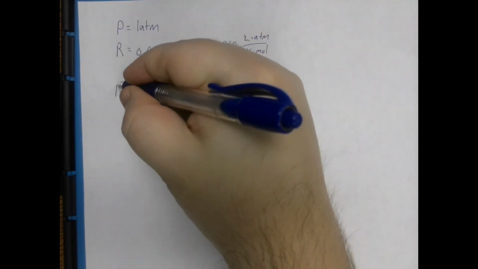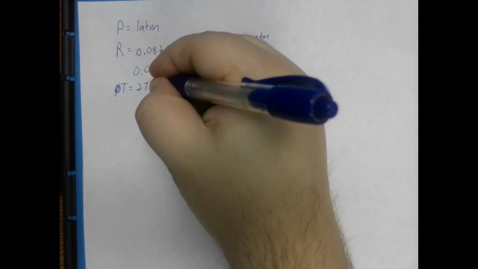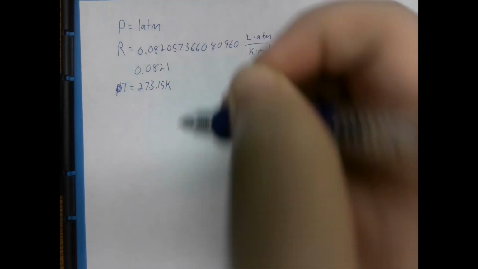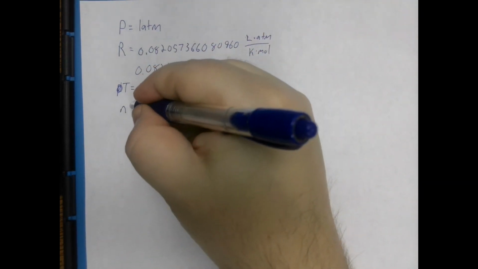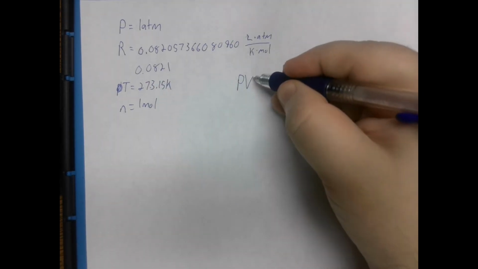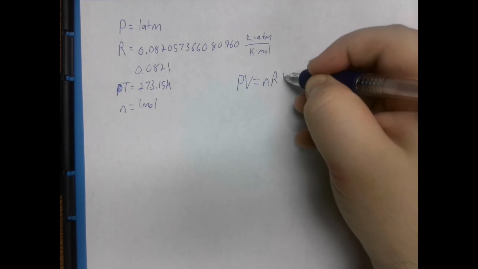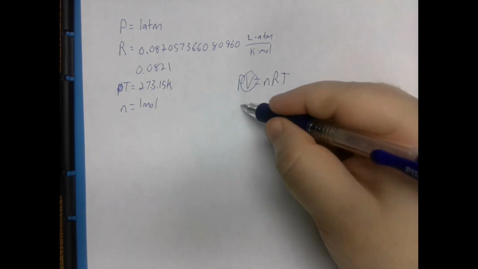So standard temperature is 273.15 Kelvin. Number of moles is 1 mole. So we take the ideal gas law, PV = nRT, solve for volume at STP.